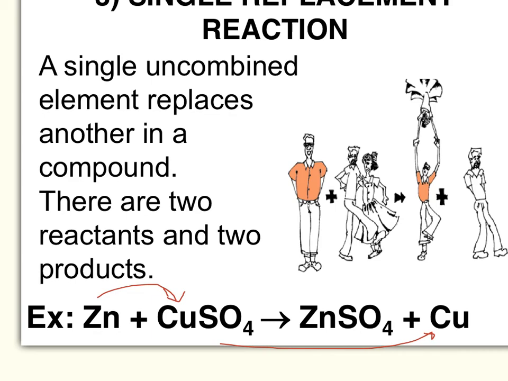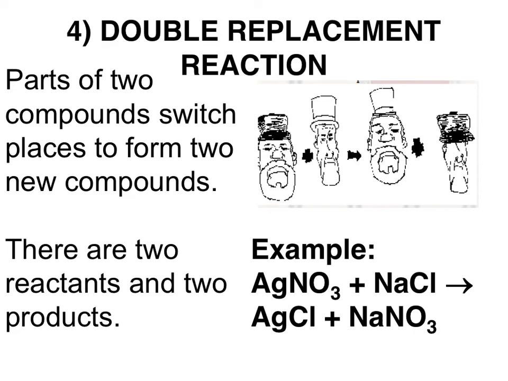Similar to that is a double replacement reaction. And this is where you have essentially two compounds, but then they switch their composition. These will always have two reactants and two products, and they're both compounds, but it's kind of like they just reorder their ions, essentially.